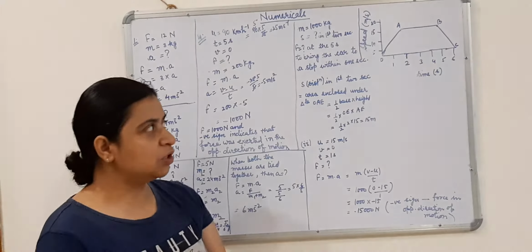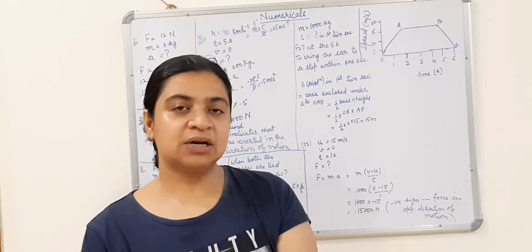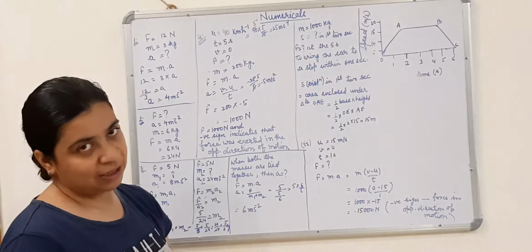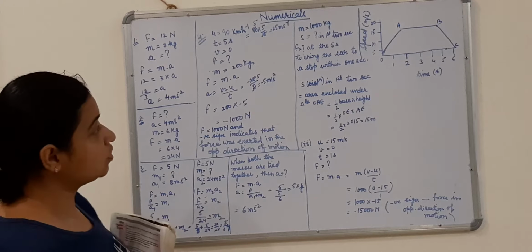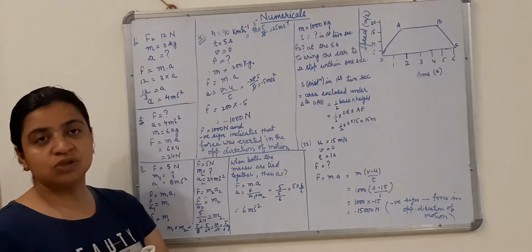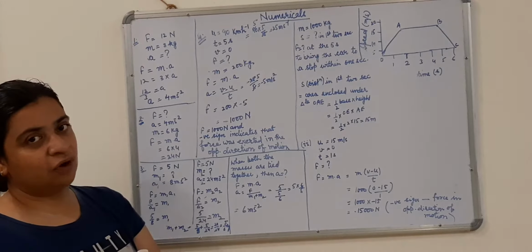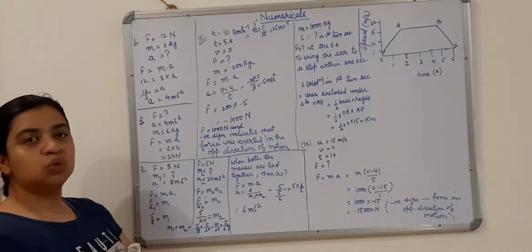So children, from Newton's second law, we have come to know that force is equal to mass into acceleration. That is the formula for the second law. Now we are going to use that formula and our previous equations of motion to do the numericals from this topic.